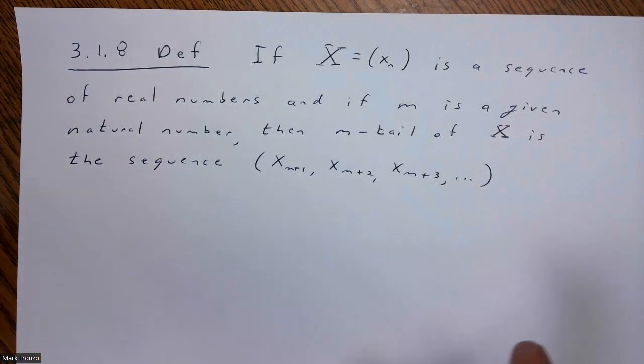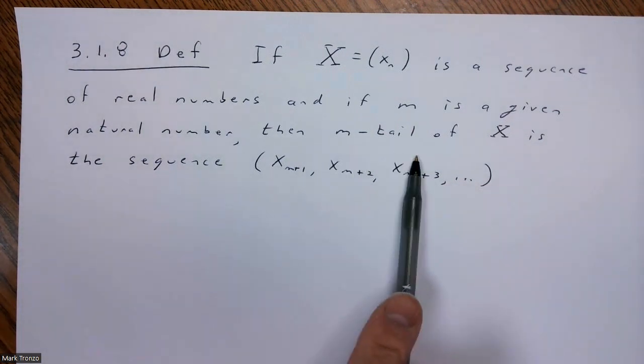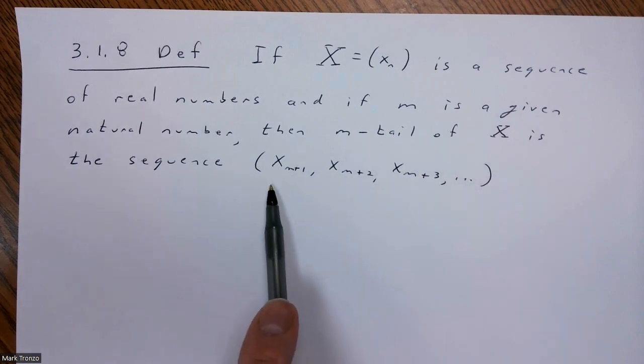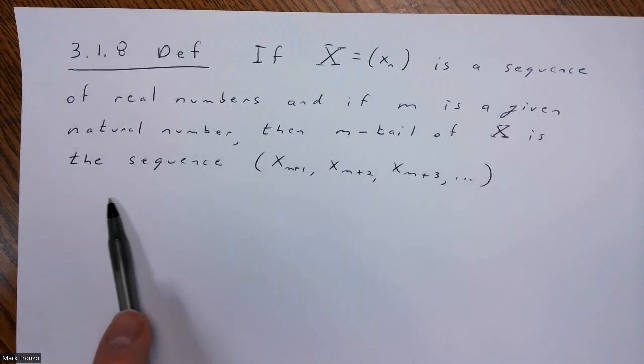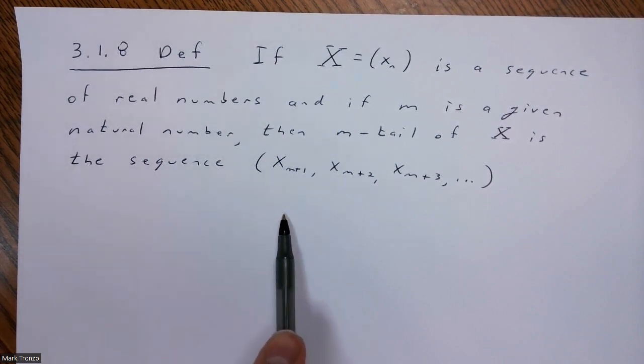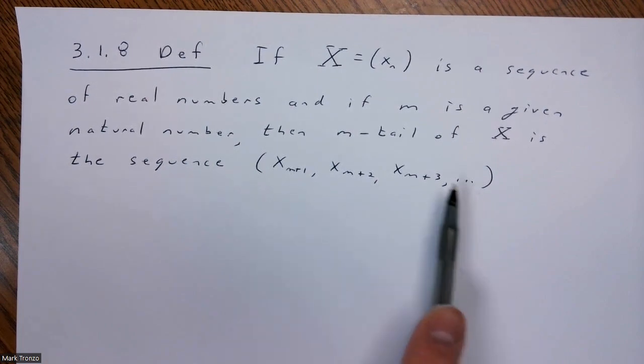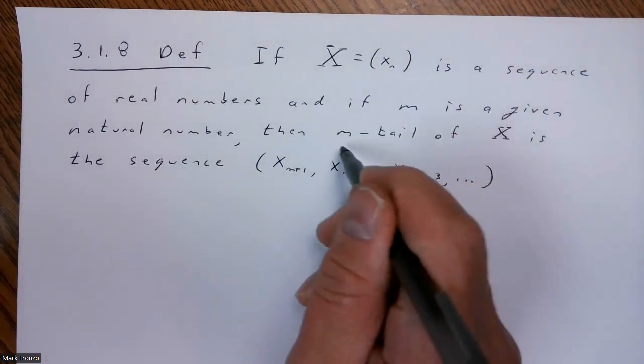And so this just means the M tail is just the tail of the sequence. You're cutting off a finite number of values at the beginning of the sequence, and this is like the last part of the sequence. That's called the M tail of the sequence.